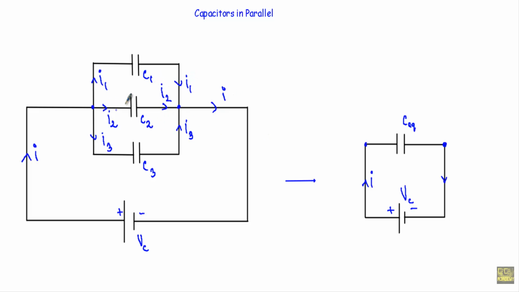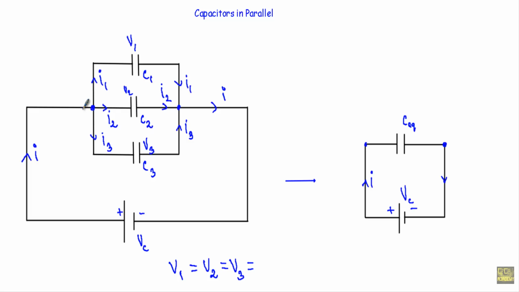Now see, as the capacitors C1, C2 and C3 are connected in parallel, let's say the voltage across the capacitor C1 is V1. Similarly, the voltage across the capacitor C2 will be V2, and the voltage across the capacitor C3 will be V3. As they all are connected in parallel, the voltage difference between this point and this point, that means V1, will be equal to V2, which will be equal to V3.